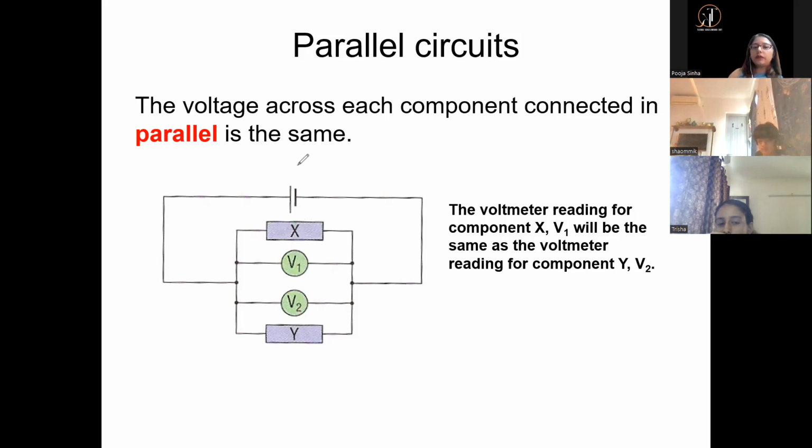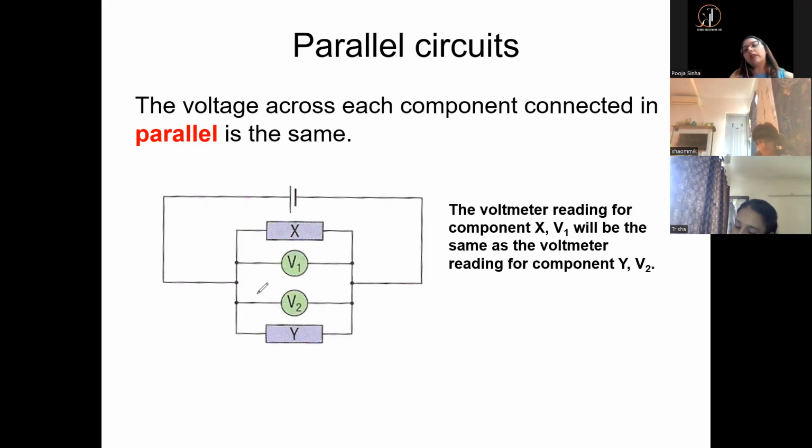So if this is, suppose, 5 volt, first of all, do you see that X and Y are connected in parallel lines? Right? So when it is in parallel lines, this one gets 5 volt and this one will also get 5 volt. So this becomes an advantage of a parallel circuit, that no matter how many lamps I put in each parallel line, it won't matter.